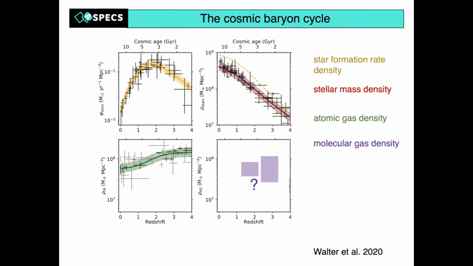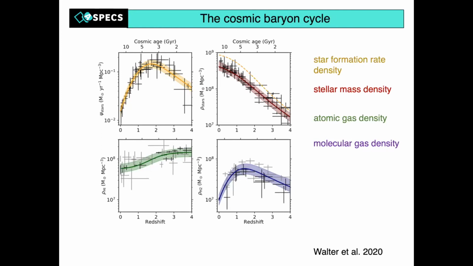So what this is telling us, we can add actually the missing piece of information in the slide I showed earlier about the molecular gas density of the universe. And it looks like this. Putting all of the current constraints together from ASPECS and from other surveys, you get a summary plot like the one shown here.